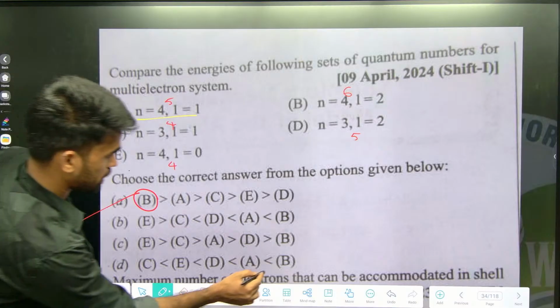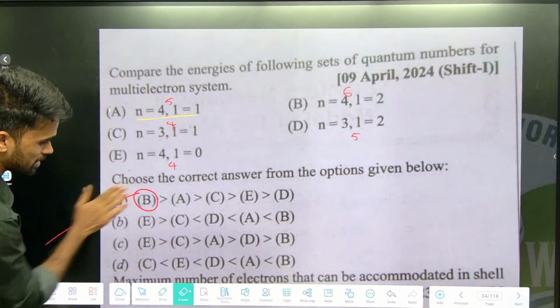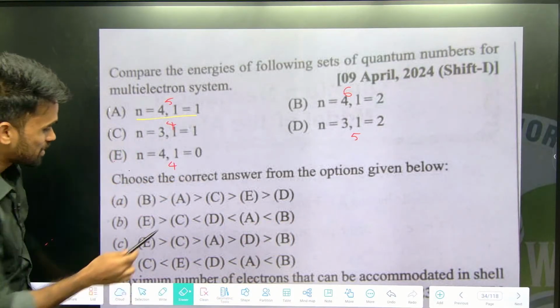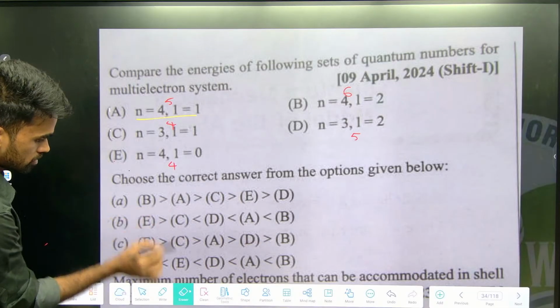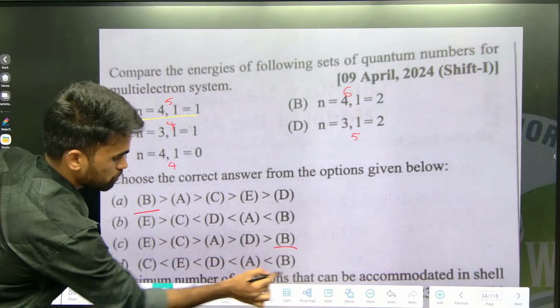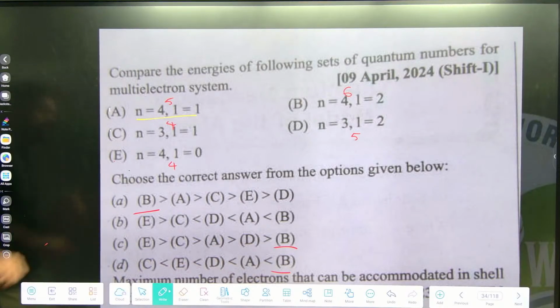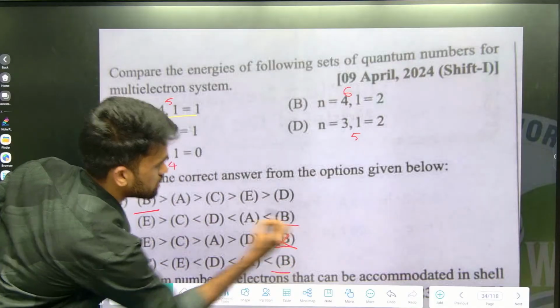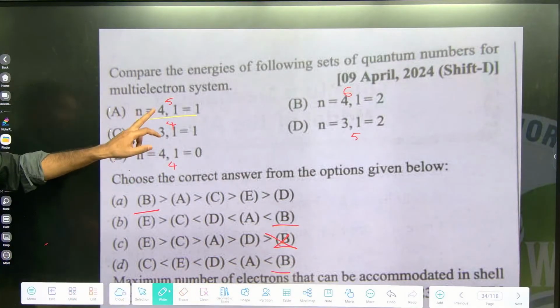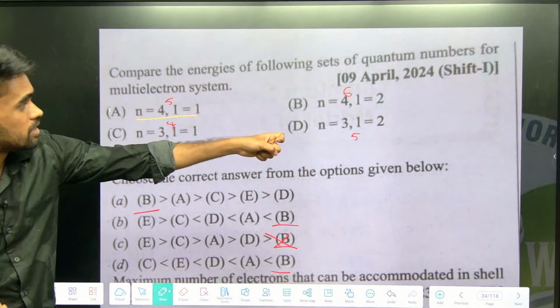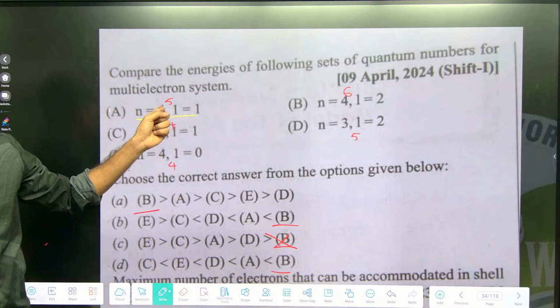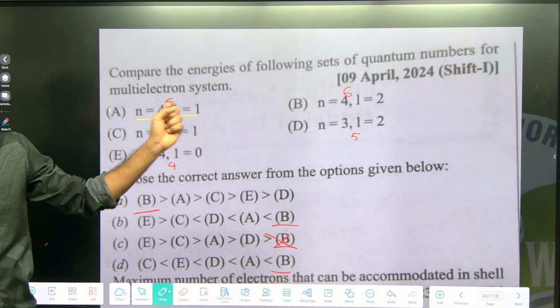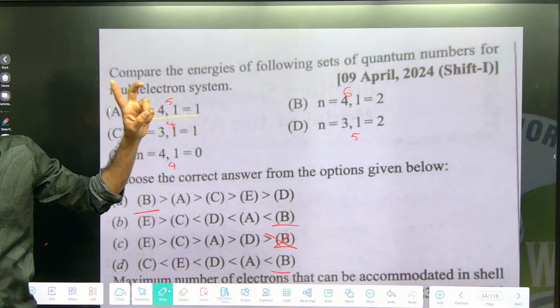Okay, reverse order, B is okay. Here also it is there. Let's check. So here we have B. Next after that 5. Okay, this is incorrect. This is correct. Next after this one, either A or D. What to check? n values are same, n plus l value same. Check for n.